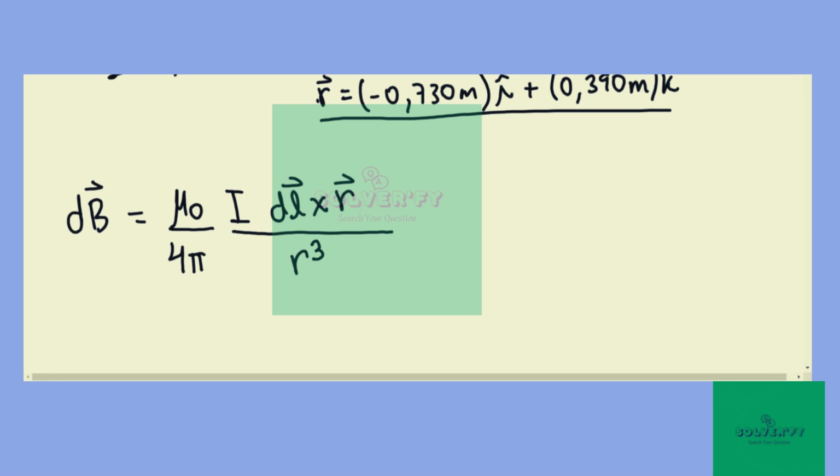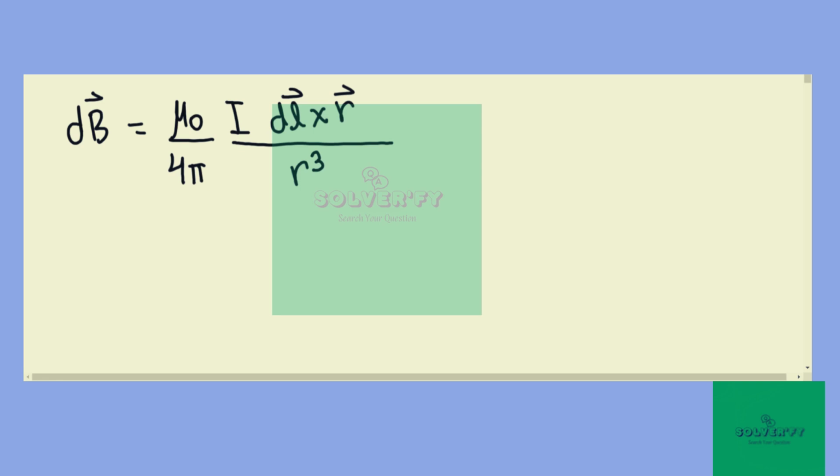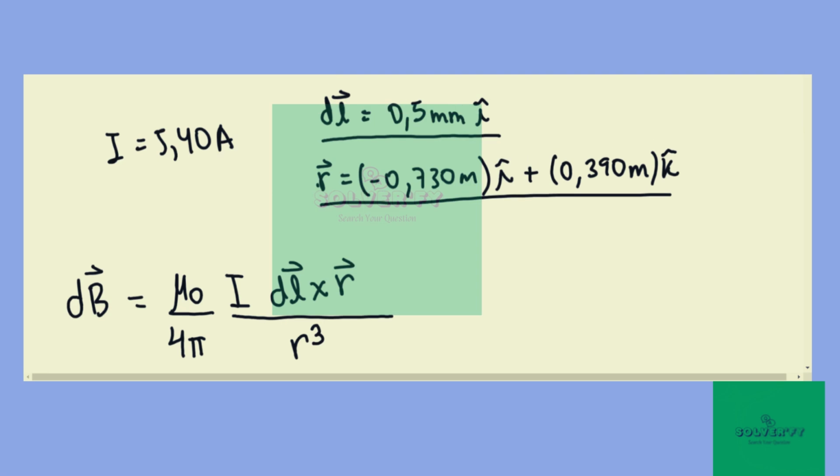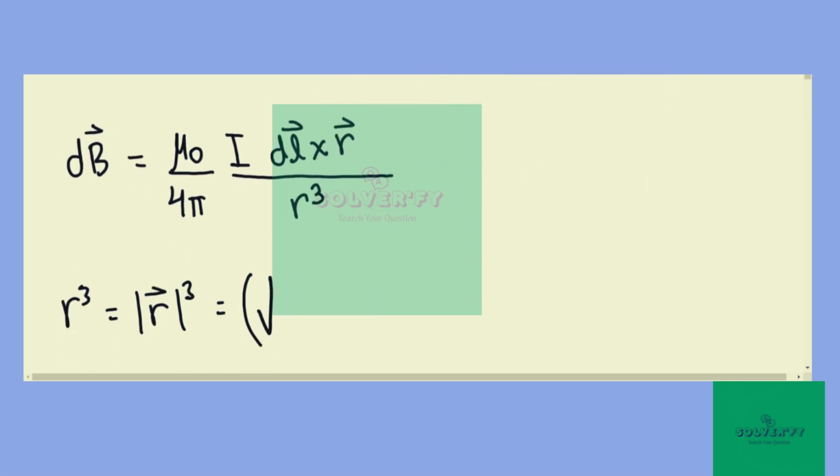So the first thing that we can determine in this is the distance cube. That will be that r cube is just the magnitude of the vector r to the cube. So we are going to do that. We know that the magnitude of the vector r is just the square root of the sum of the square of each component.